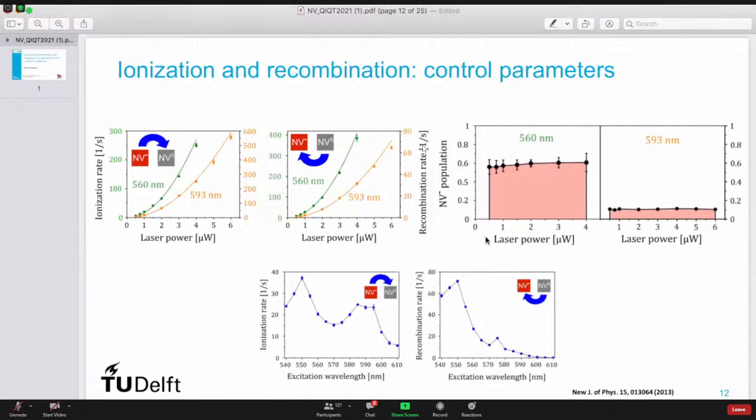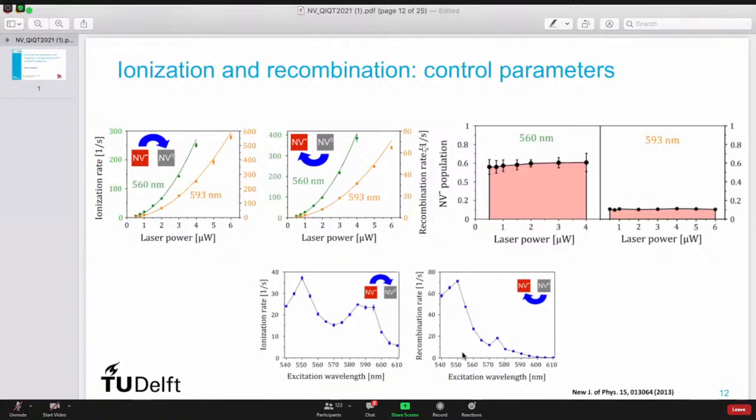By formulating a rate equation model, they were able to estimate the population of the NV0 state and NV minus state. And as a function of the laser power, they monitored how the populations evolve for these two charge states. Also, like I was saying in the last slide, as a function of the excitation wavelength, the ionization changes.